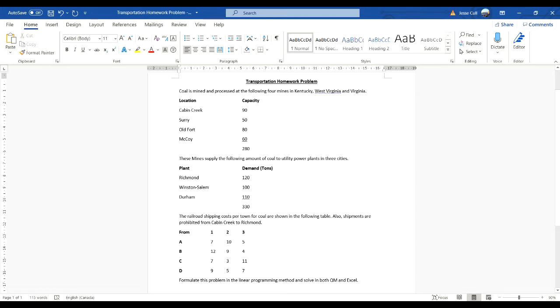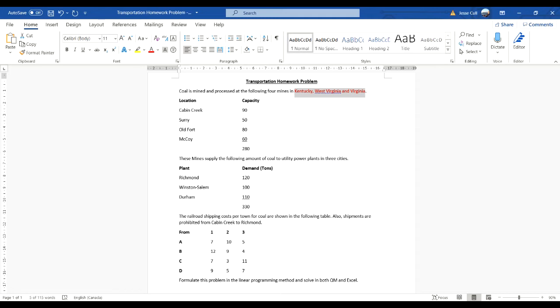The coal is mined and processed at the following four mines in Kentucky, West Virginia, and Virginia. This is not important. One of the things they've done is they've attempted to confuse you by inserting place names that have no relevance to the problem.